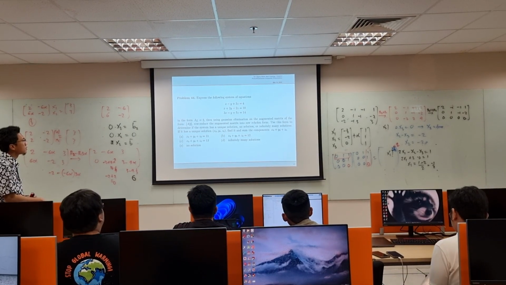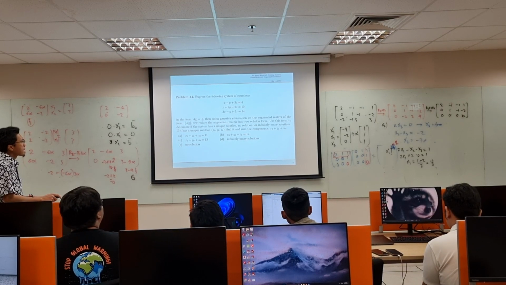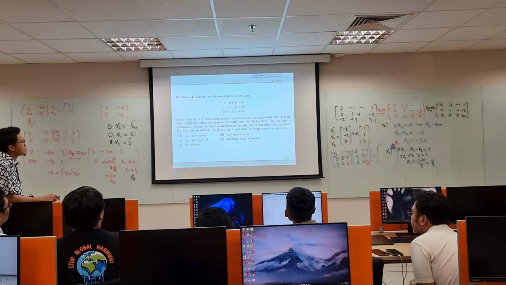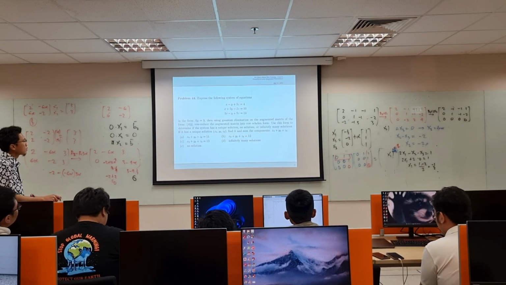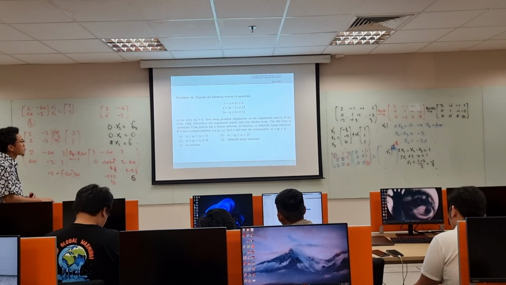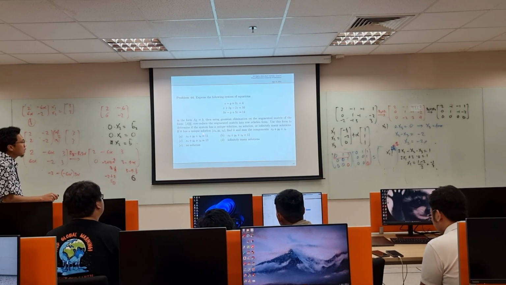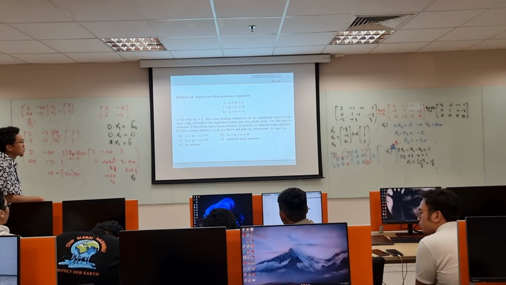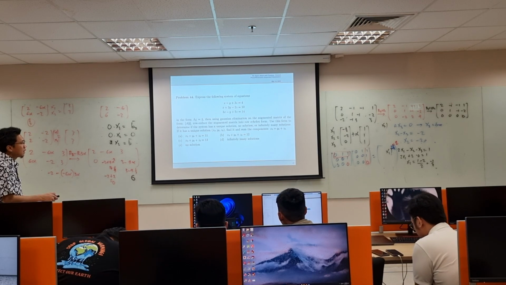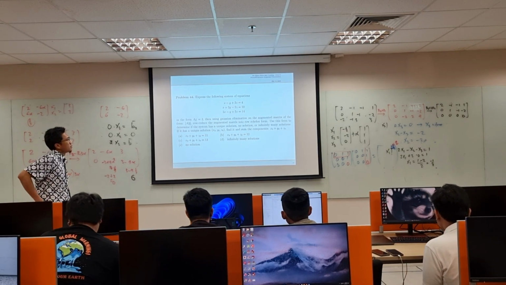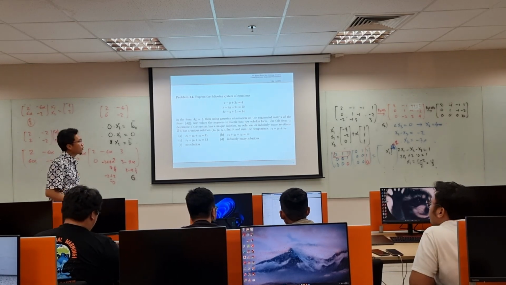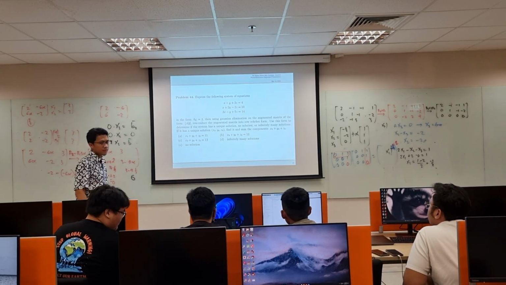Aduh, ini 3 by 3. Okay, if it is unique, you sum the components. Is it infinite or no solution? Can you check using MATLAB whether the matrix is singular or not?